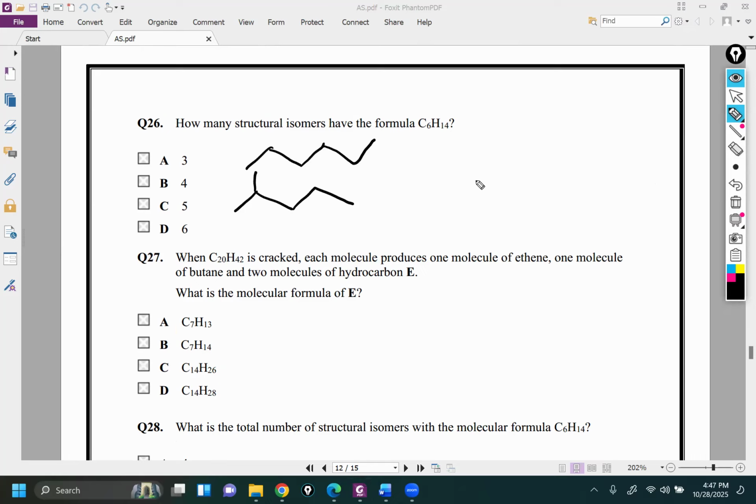Again, with 5 carbons, write in the same way 1, 2, 3, 4, 5, and just change the position of the branch. Then you can reduce one more carbon, so attach one and one here. And the last one, you can draw with both attached to the same carbon. So a total of 5 structures are possible. It's better to work out this question and then answer it, okay? So the total number of isomers is 5.